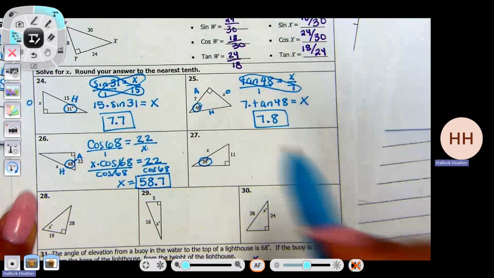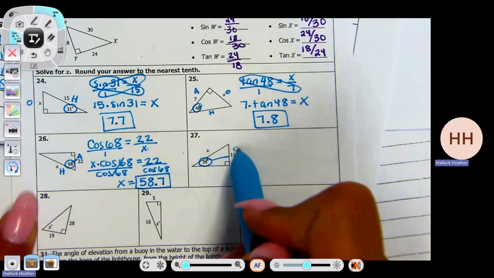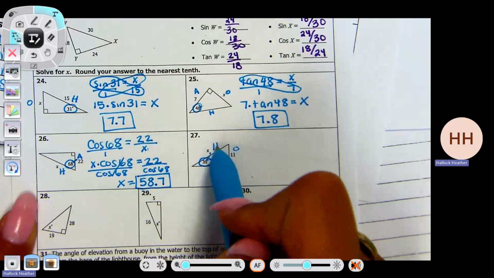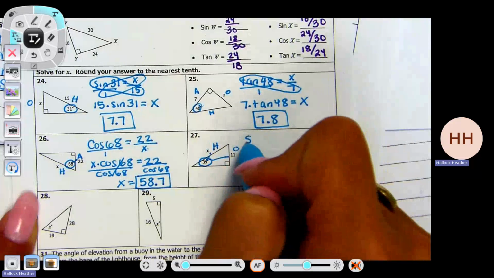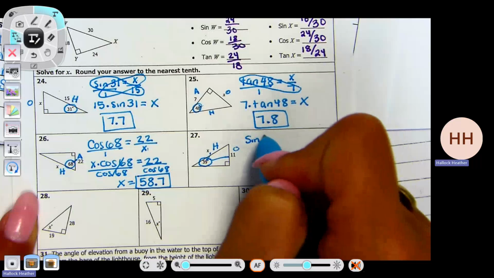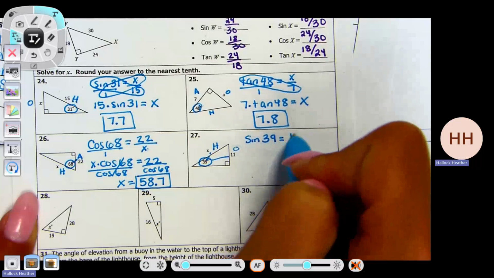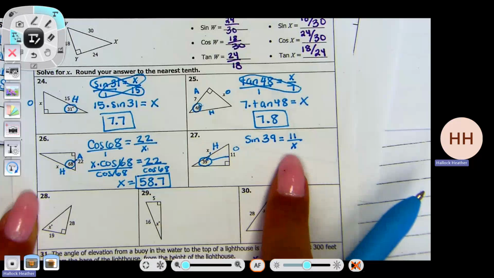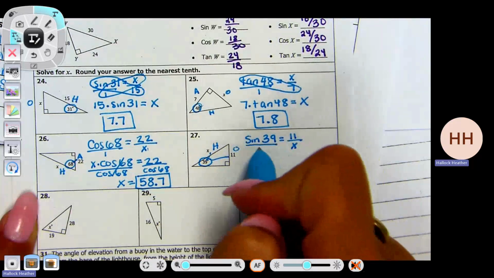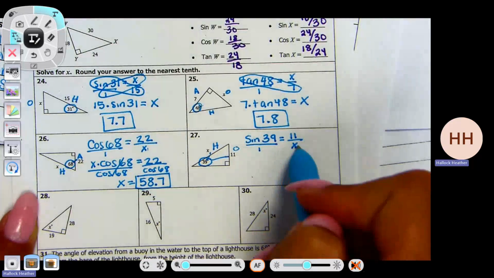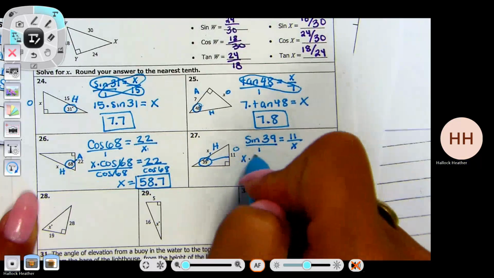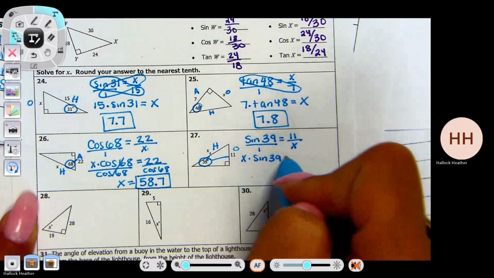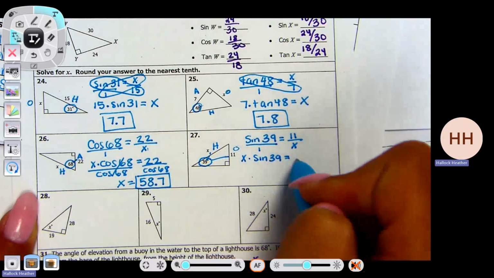Next, I'm 39. I have opposite. I have hypotenuse. O and H is sine. So I'm doing sine of 39 equals 11 over X. Once again, X is in the denominator. So I'm putting it over 1. Technically, I'm cross multiplying X times sine of 39. 11 times 1 is 11.